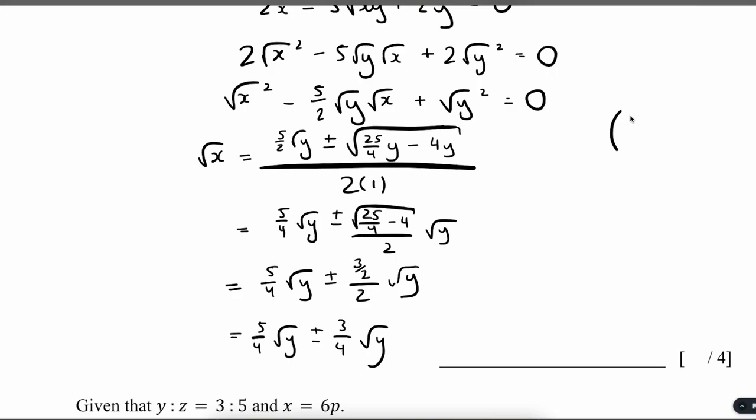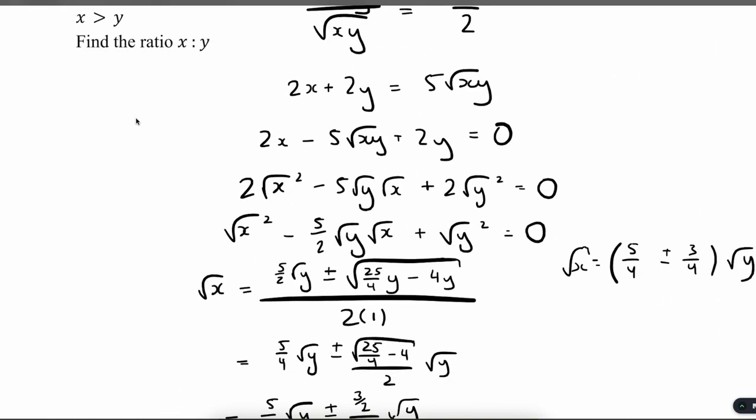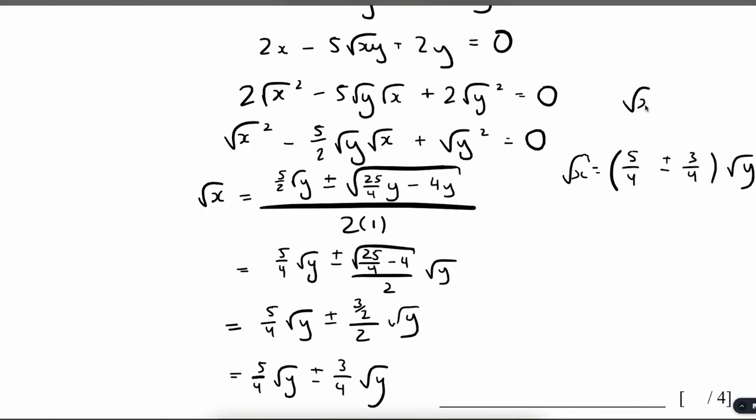Now if we factor out the root y, we can get 5 over 4 plus or minus 3 over 4 lots of root y equals root x. Now the question tells us that x is greater than y, so this tells us that root x must be greater than root y.